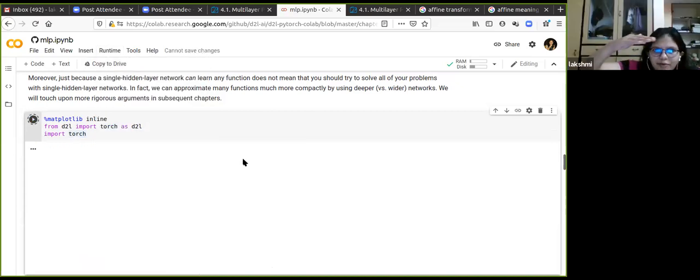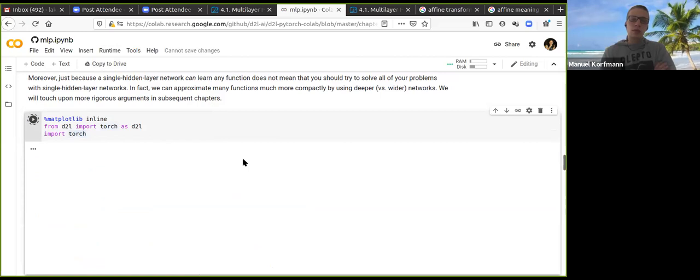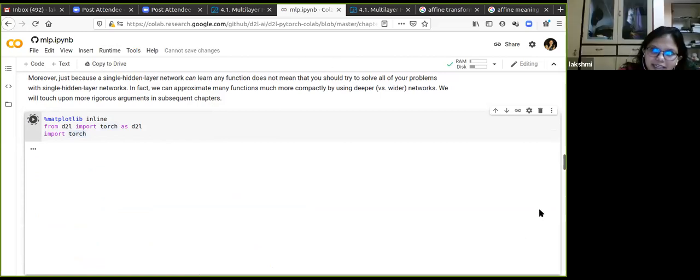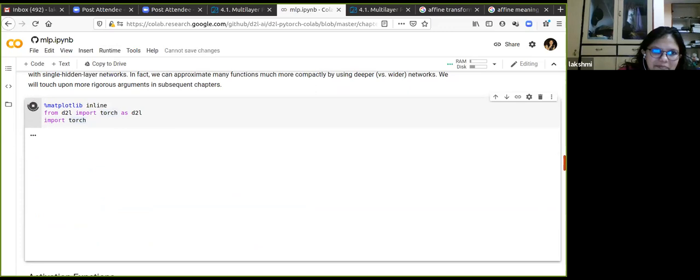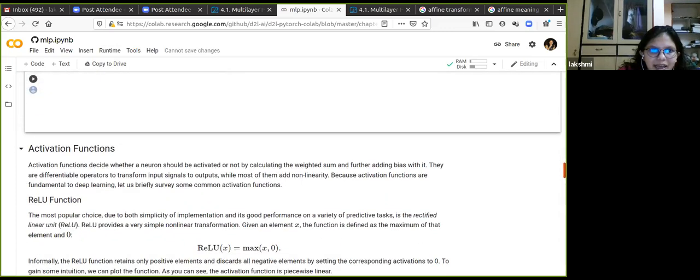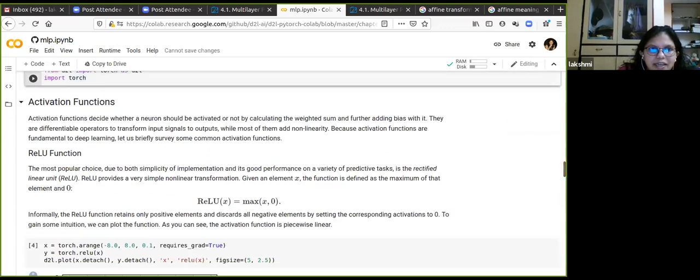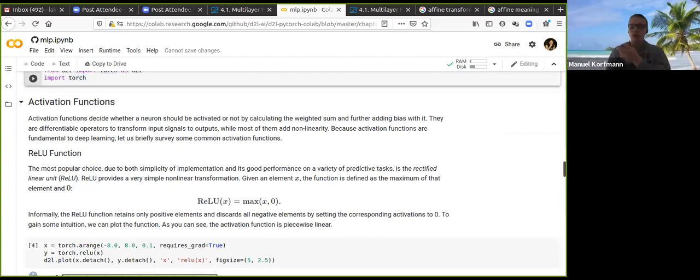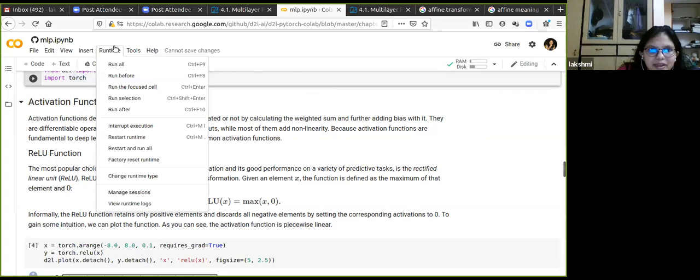No, you run from that line to the next, right? We will see it later. Activation functions. You were asking for run after, not run all, right? No. Oh, run after. Yeah, that one. Run after, okay.